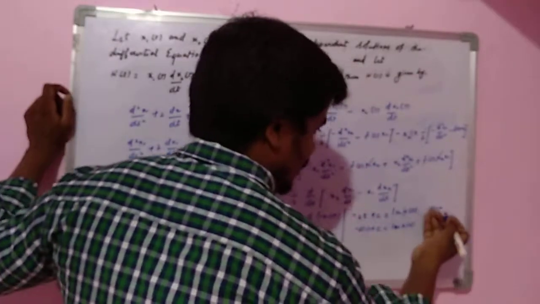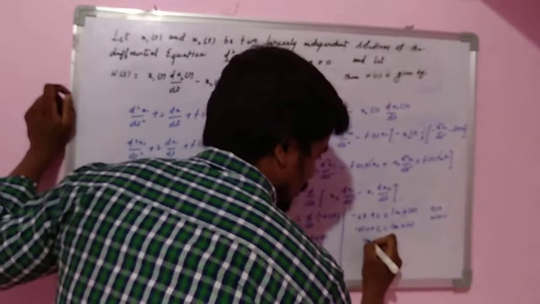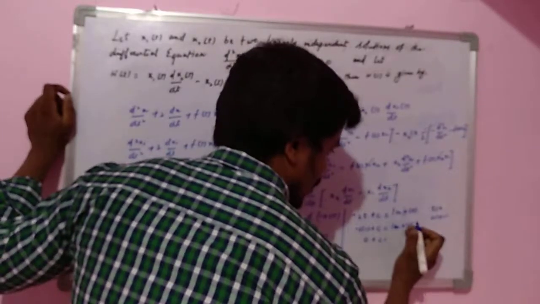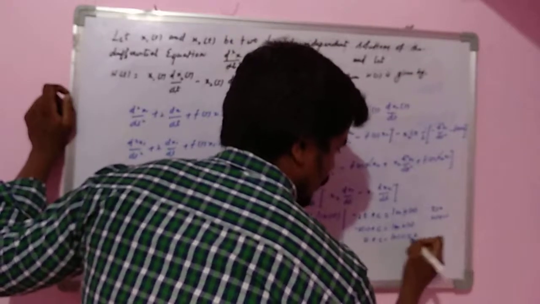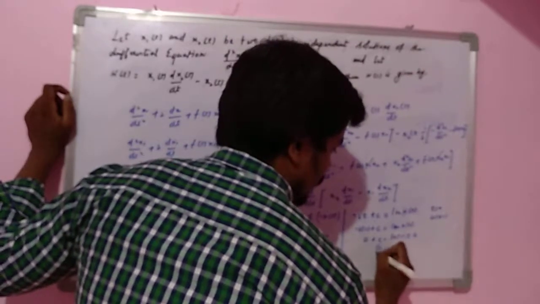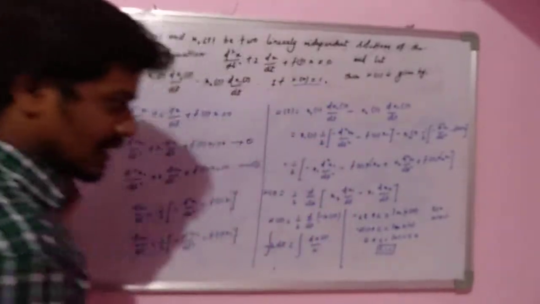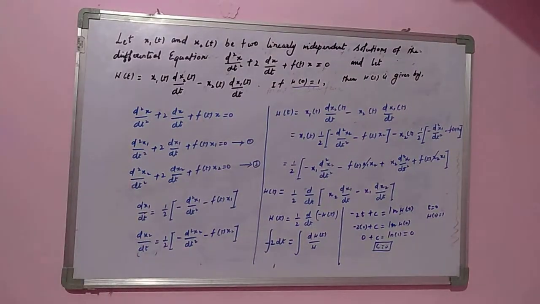Wherever t is, we substitute, so it's 0 plus c equal to ln of w of 0, the w of 0 value is 1, so ln of 1 is 0, so c goes to 0. So the constant is now 0.